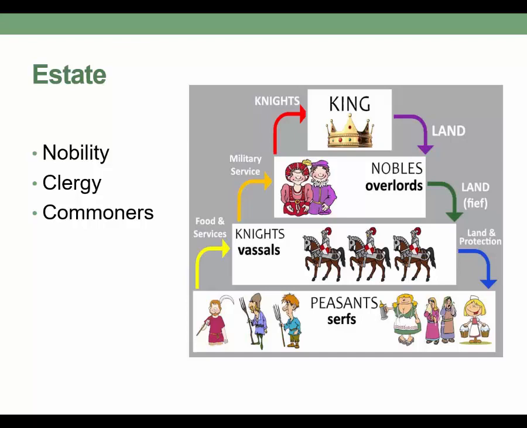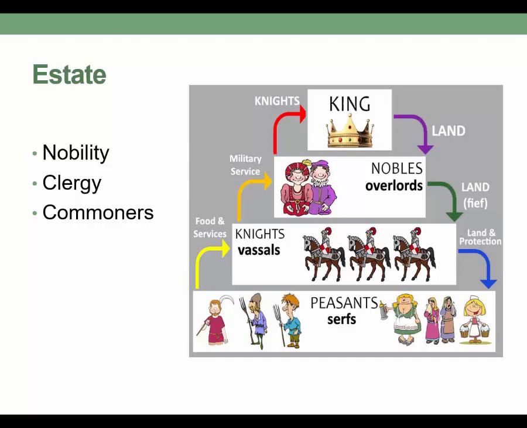The last of the largely closed systems is the estate system, which pretty much exists primarily in Europe, and that's what we're calling their feudal system, where you have nobility like the king, and then under the king and queen and those royals, you have the nobles, and then you have kind of the clergy and knights. Under them, you have the commoners, the peasants, the serfs at the bottom.